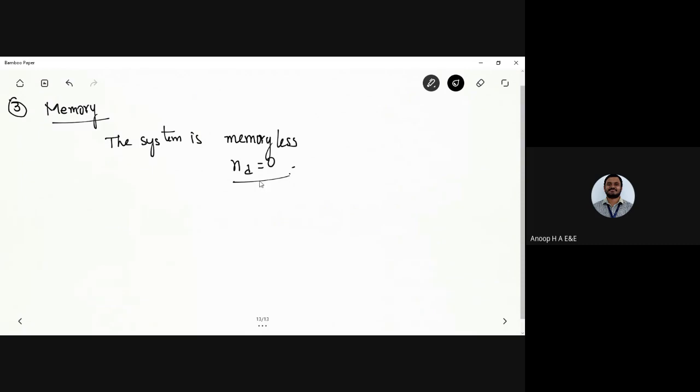Okay, so in other cases it is having memory. Now what I can generally say here is I have nd equals 0.